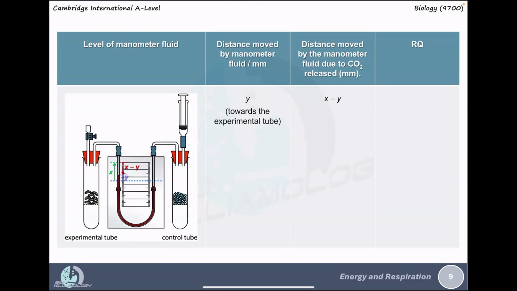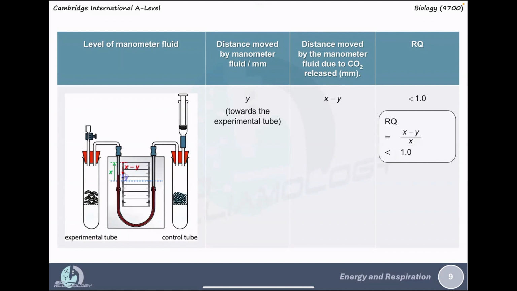So now, how do we calculate the RQ value? RQ value is equal to the distance moved by the manometer fluid due to the CO2 release over the distance moved by the manometer fluid due to O2 consumption. In this case, X minus Y, definitely the value is lower than X. So therefore, the RQ value will be less than 1.0.